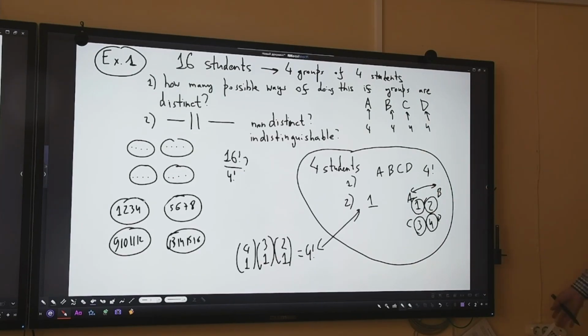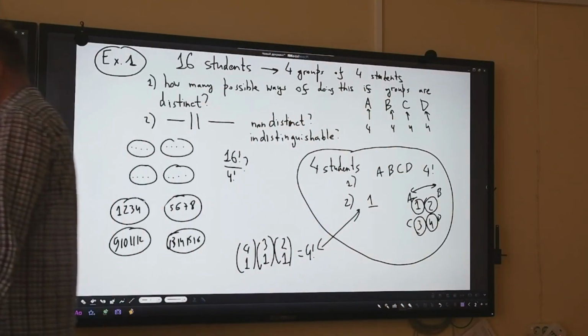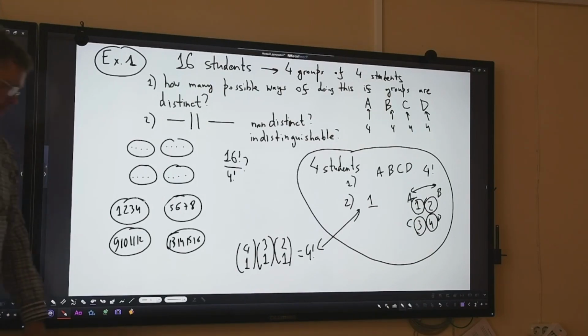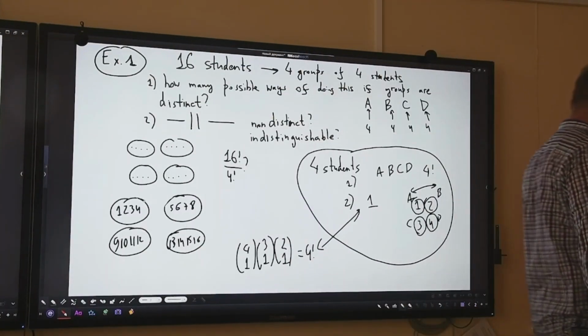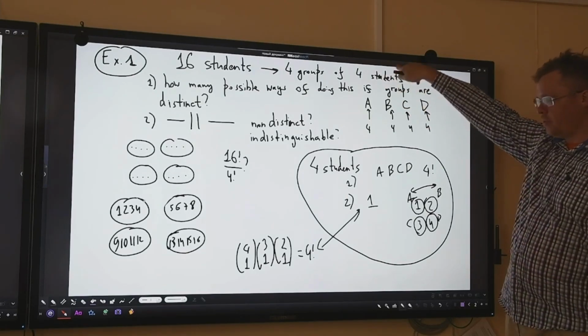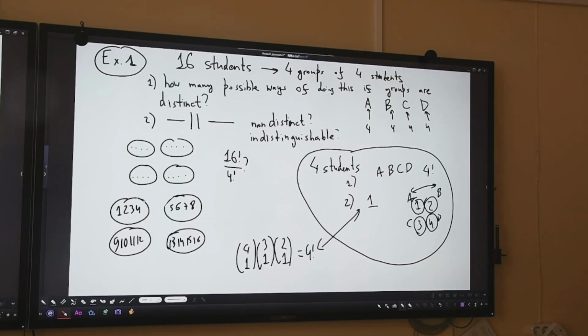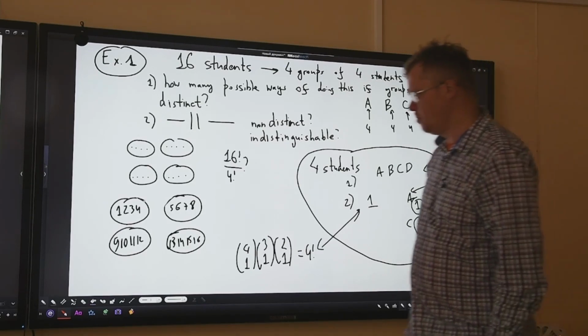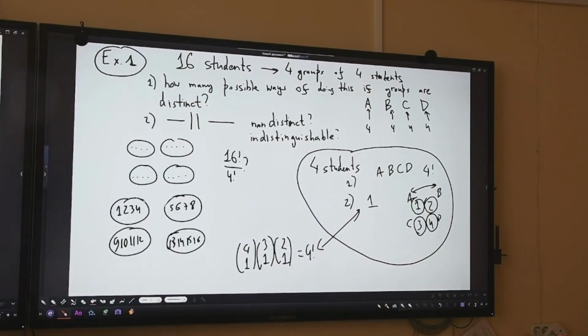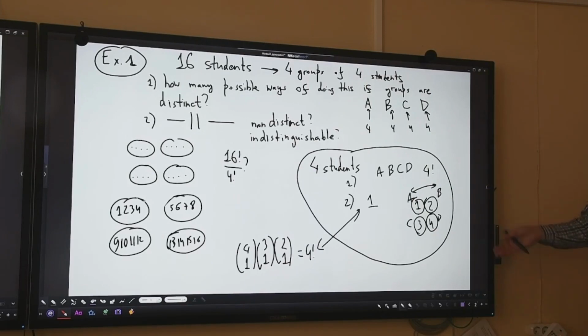For example, assume that we want to provide a championship in some game where in a team we have only 4 persons. So we want to provide some tournament. All we need to do is make 4 teams of 4 students. It doesn't matter which students are in which team, and it doesn't matter how the teams are named.